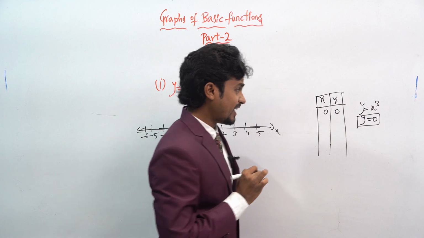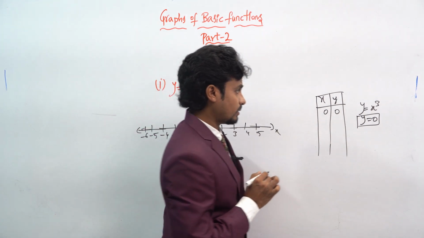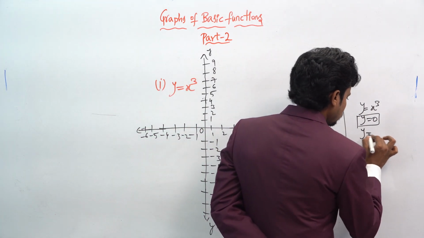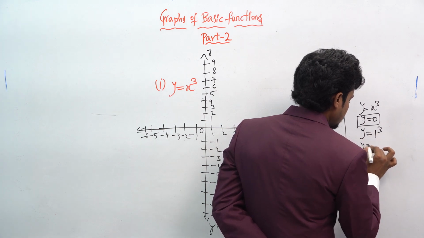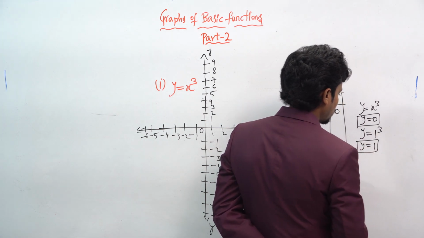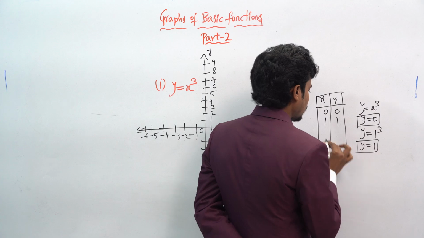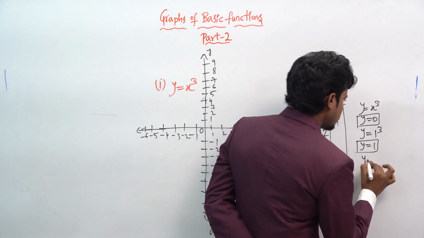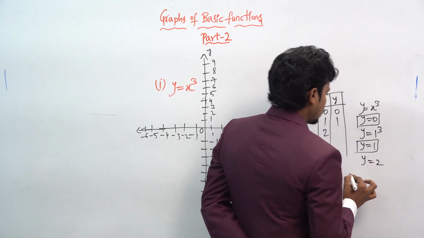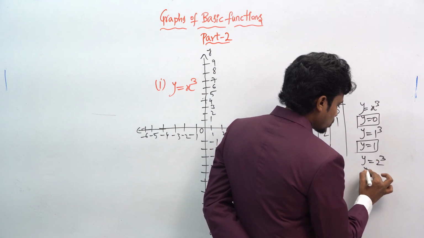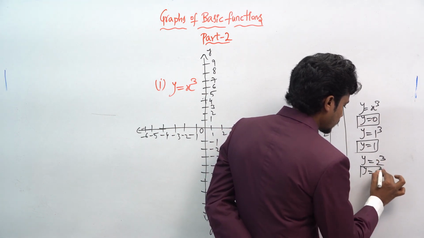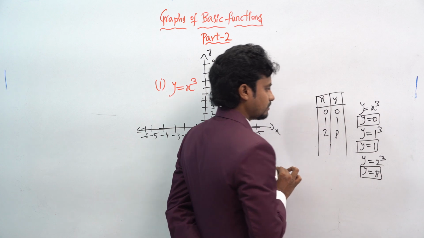Next, take x is equal to 1, what will happen? Y is equal to 1 cube, which is 1. If you take x is equal to 2, that will be 2 cube. So how much will you get? Y is equal to 8.